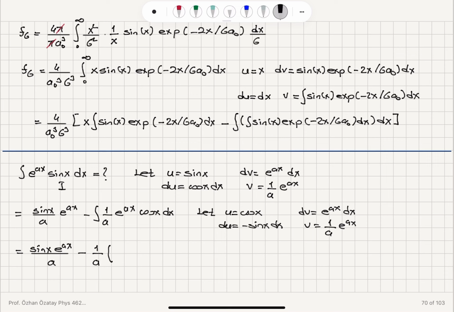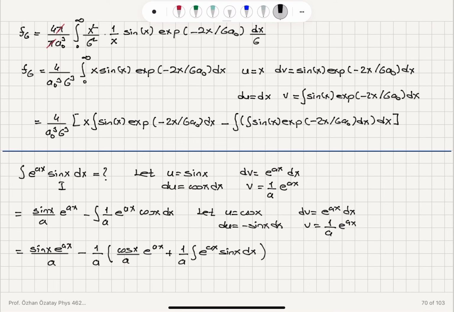That is uv, which is cosine x divided by a e to the ax minus integral v du. That becomes plus 1 over a integral e to the ax sine x dx.